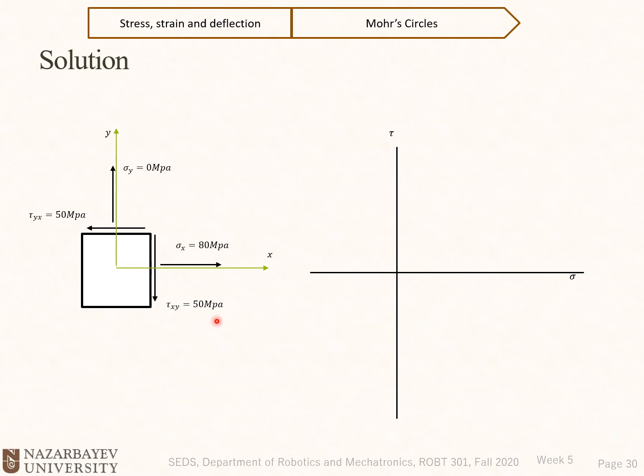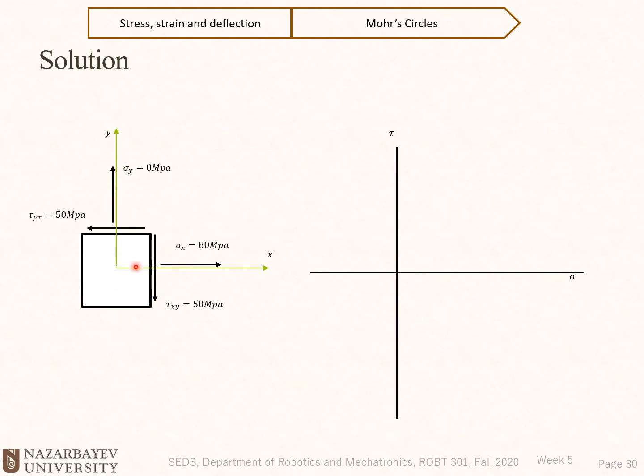But in the stress tensor, this value is negative, not positive. So for the purpose of the Mohr circle, it's positive, but for the stress tensor it is negative. So why is that negative? First is tau xy. The x, the first one, shows that we are in the x plane, so a plane perpendicular to x. And y, the second one, shows that the direction of the stress is along the y-axis.